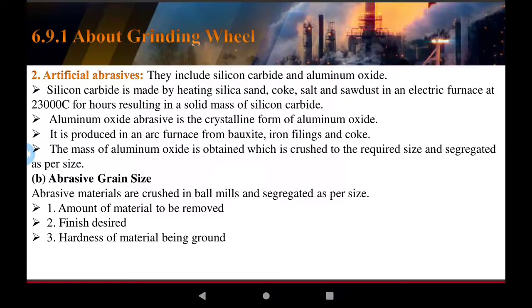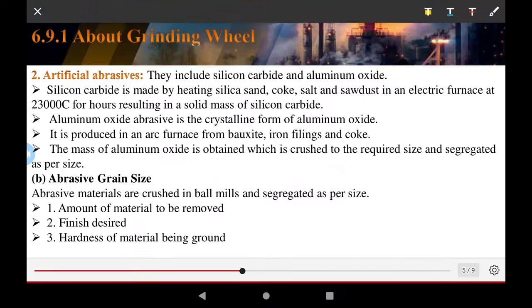About the grinding wheel, artificial abrasives include silicon carbide and aluminum oxide.